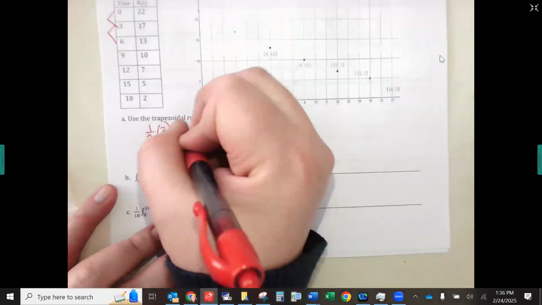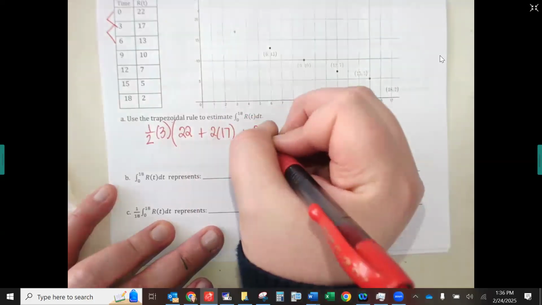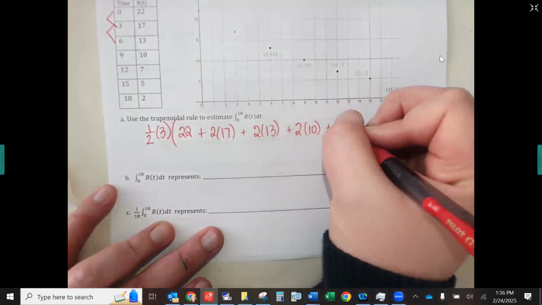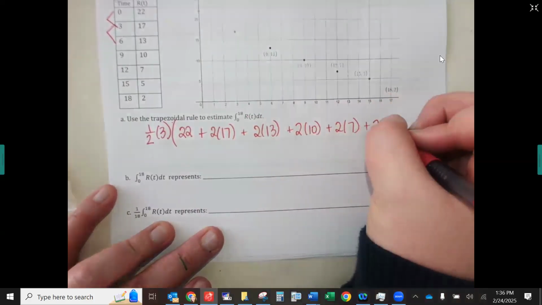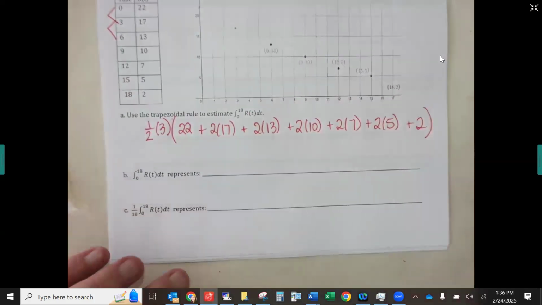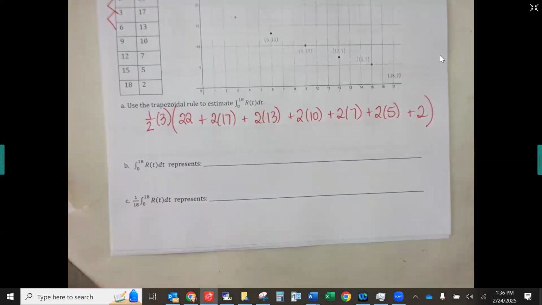So it'd be 22 plus double 17, double 13, double 10, double 7, double 5, single 2. The long form for the trapezoidal sum will still work, but to me this is a lot easier if you have the same width every time.